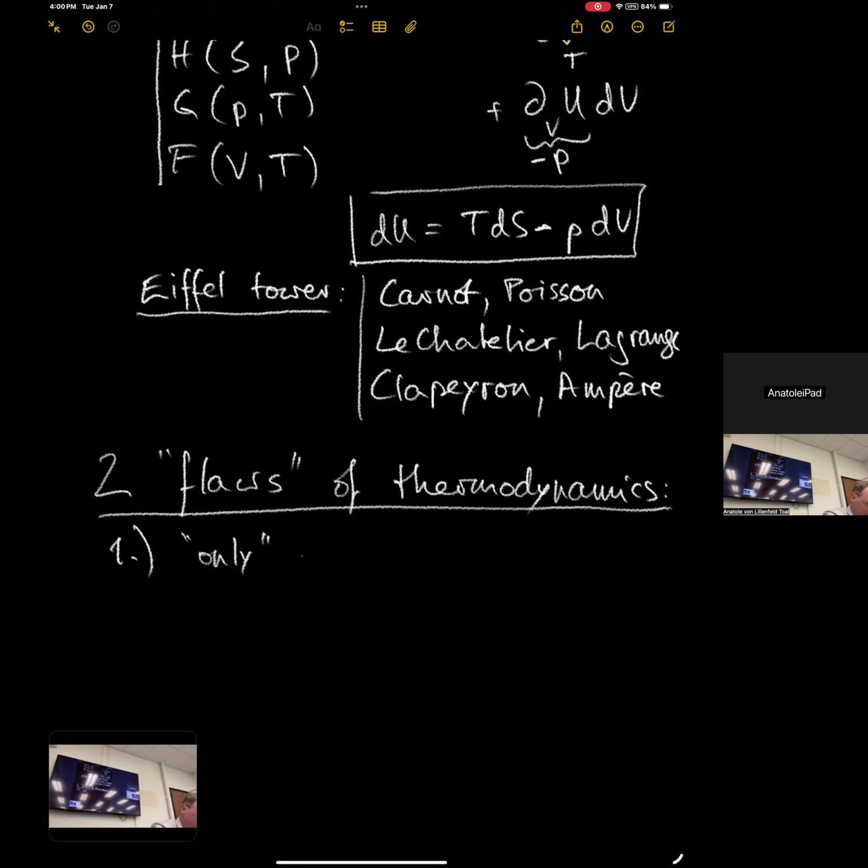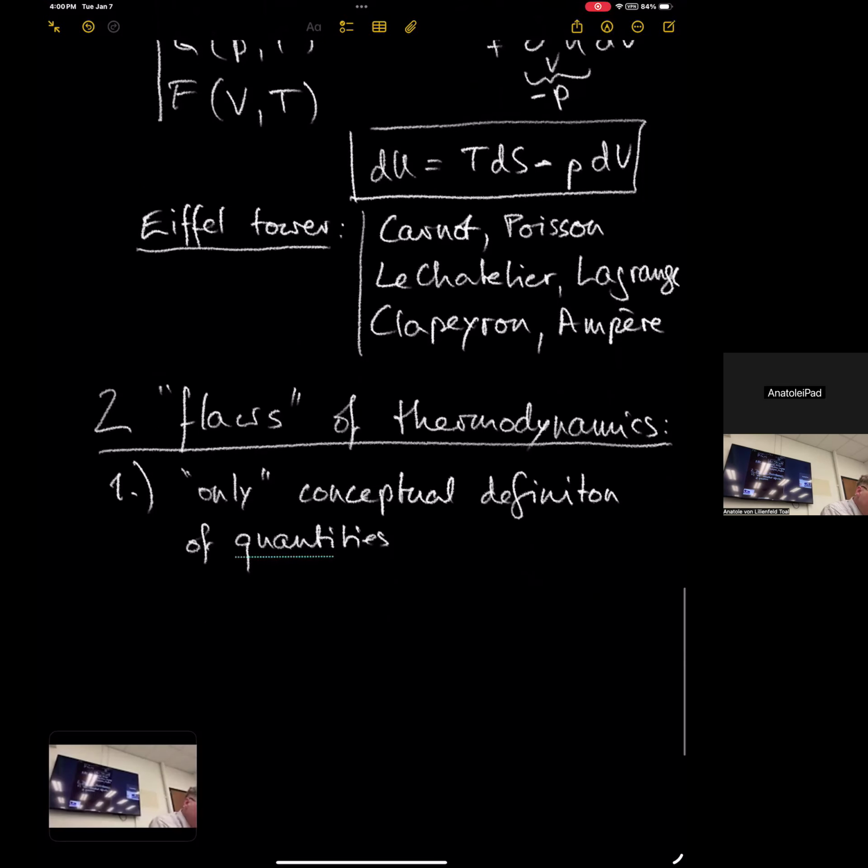But it's only conceptual. Definition, which is sort of top down. It doesn't know about atoms. It doesn't know the differences of the materials, right? It's based on observations. And this means heavily empirical.